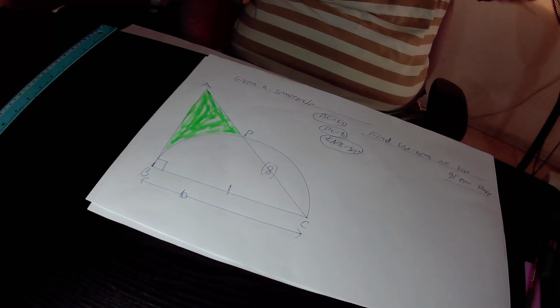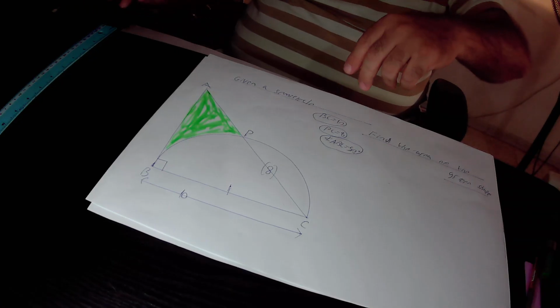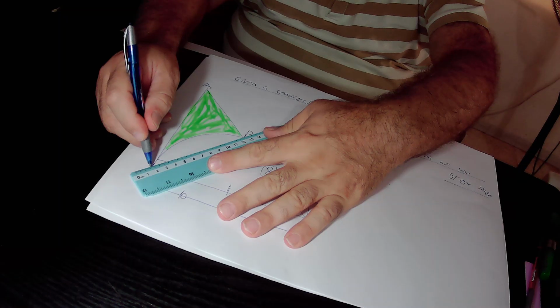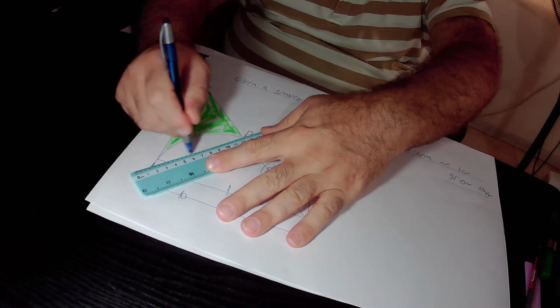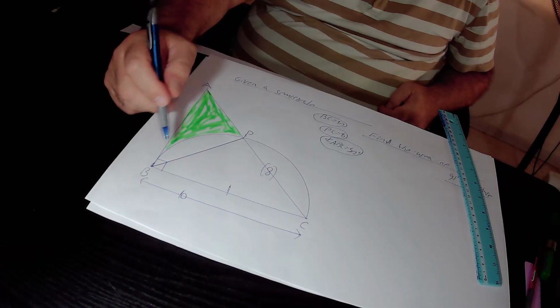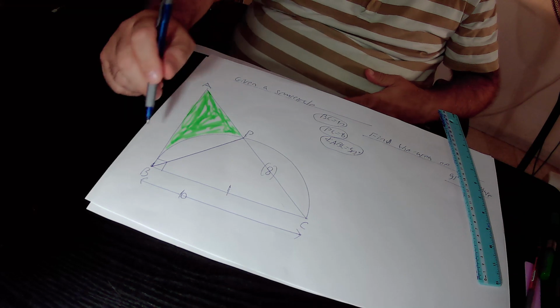So first of all, we'll join points P and B together by a straight line. By joining points B and P, we create the peripheral angle BPC.